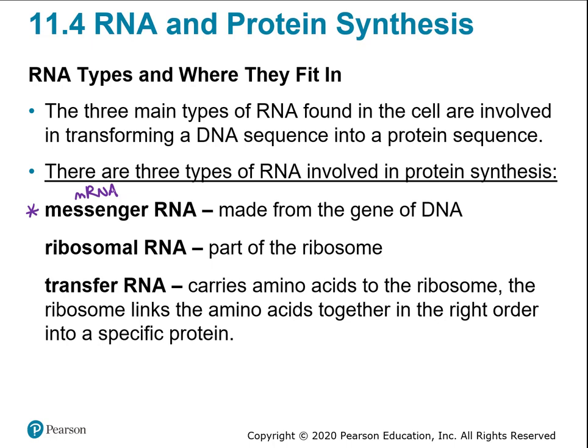In order to take that RNA and make it into a protein, you have to make a ribosome. So ribosomes are extremely small organelles that are found in the cytoplasm.